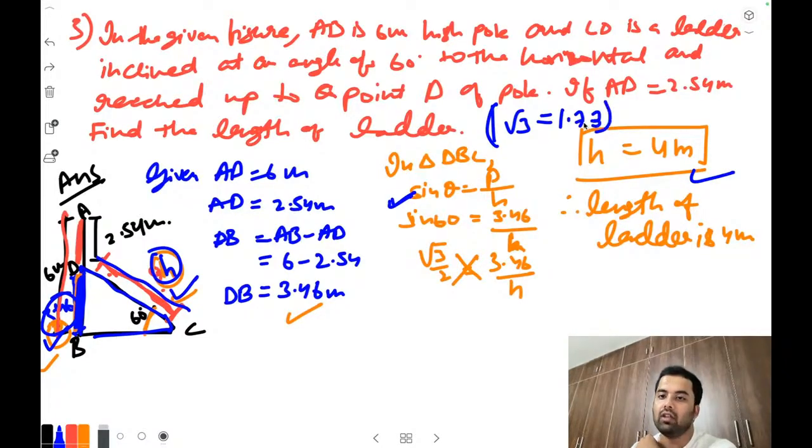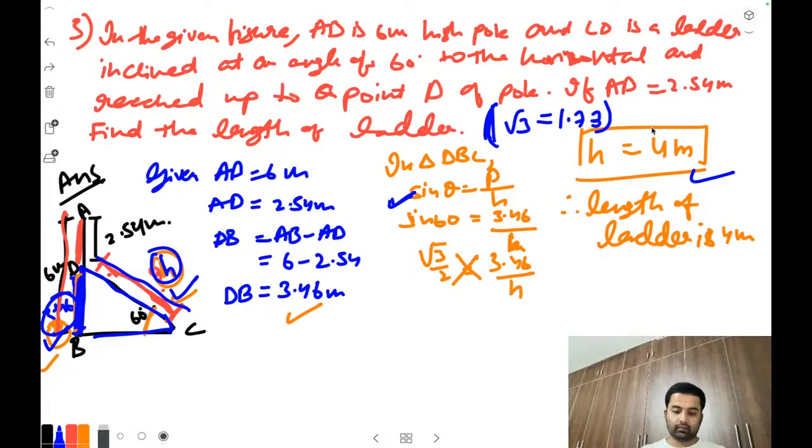When you keep this now, you'll get the same answer. Now try it. Here the root 3 value is given as 1.73. You don't take 1.79. You'll get 4 meter. Check it out. The same answer. 4 meter is the correct one.